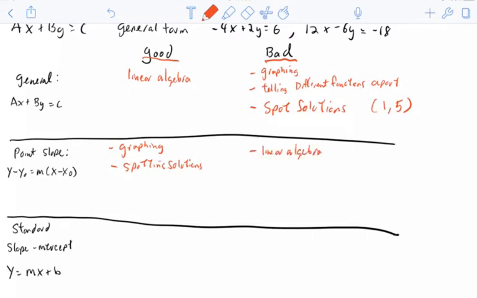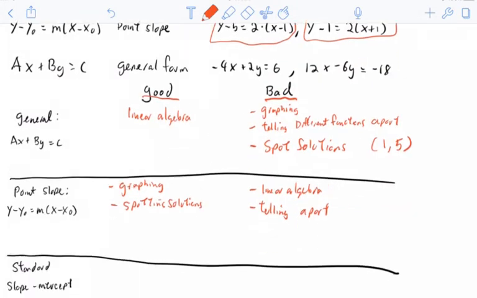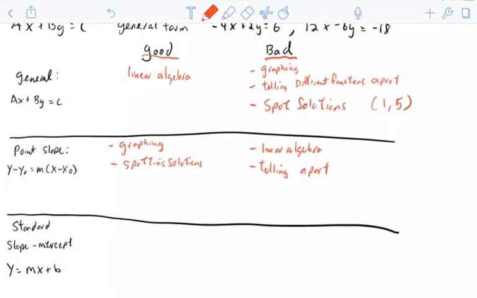And it's bad for telling functions apart. So, for instance, this expression and this expression are both the same function. How can you tell? They look totally different. So it's hard to tell whether they're two different ones. It is really easy to spot solutions.